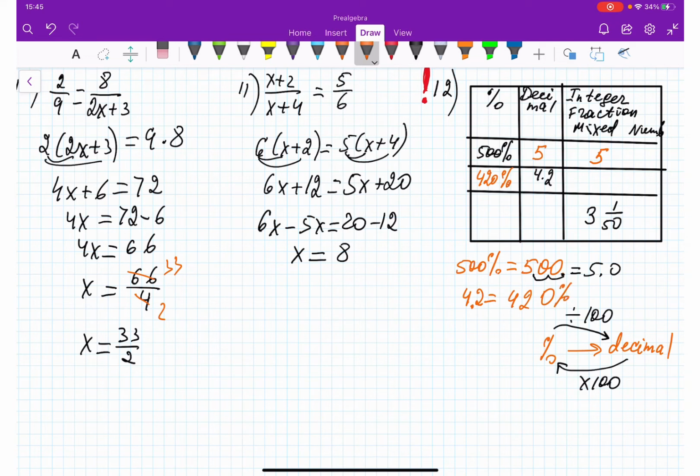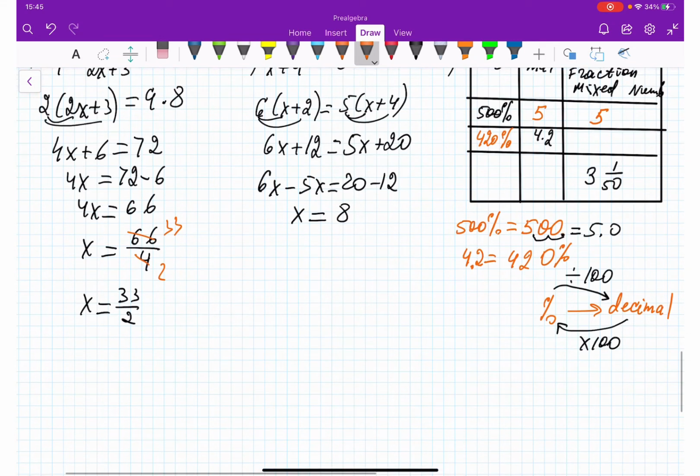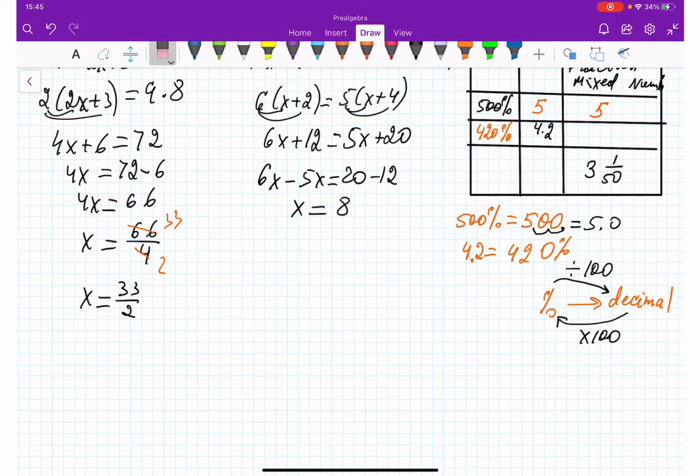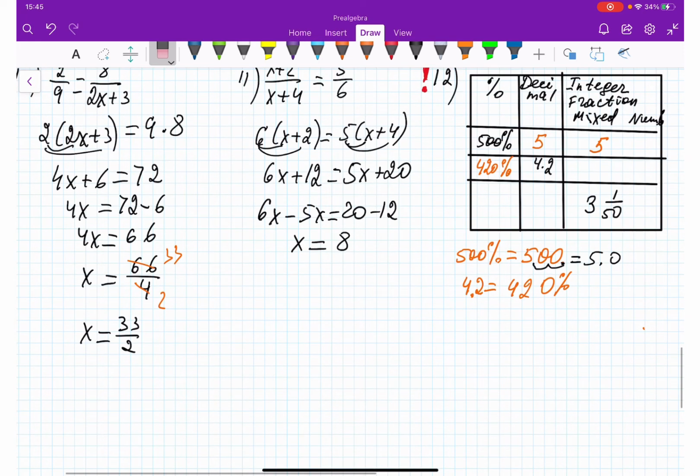Now, 4.2, we need to convert into mixed fraction. Now, that's a different story. You can write this down so you can keep it, whoever doesn't know. We need to convert to mixed number or fraction. 4.2, very easy. 4 is a whole number, so we leave it alone.